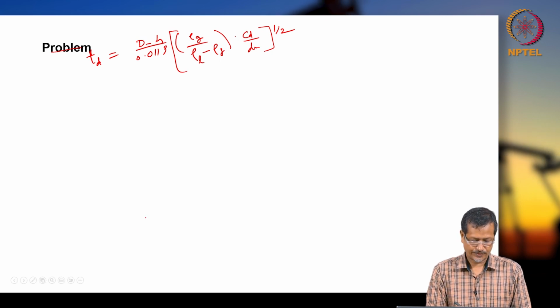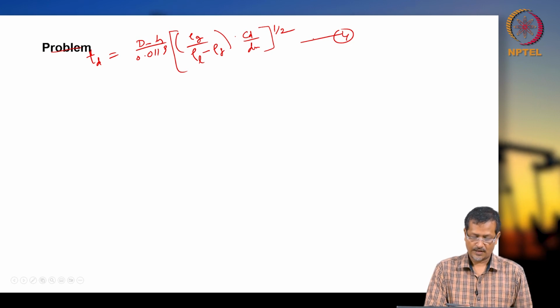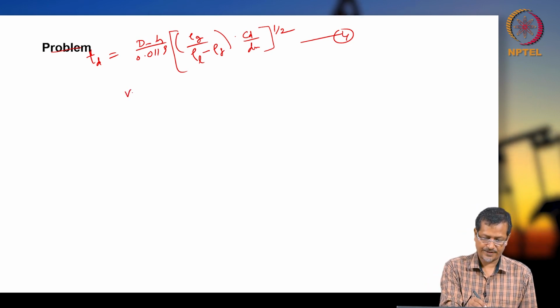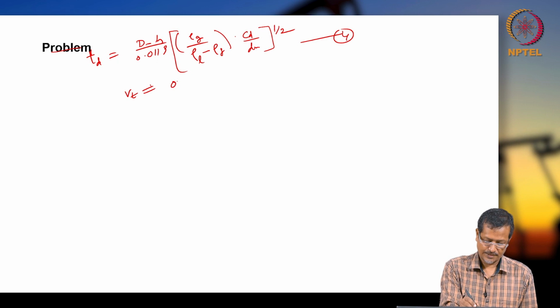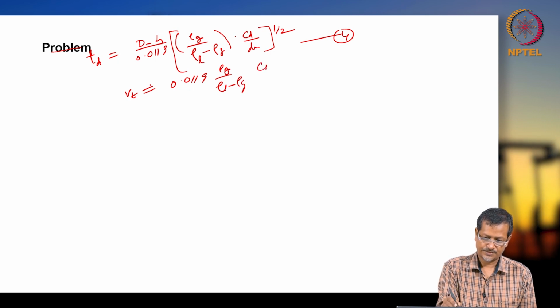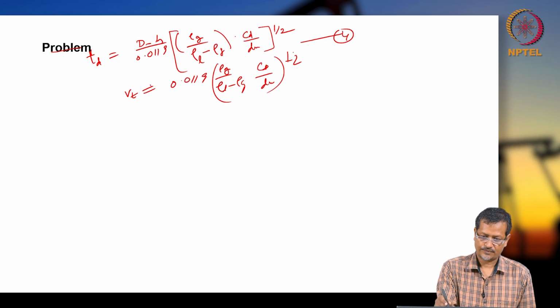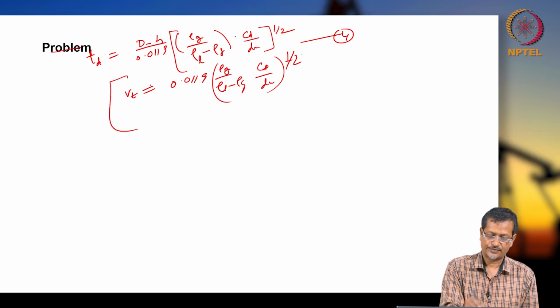Okay, so we got the Td value, and this is coming from the Vt formula we are using: 0.0119 (rho g by rho L minus rho g) Cd by dm, whole to the power half. We are using this formula.